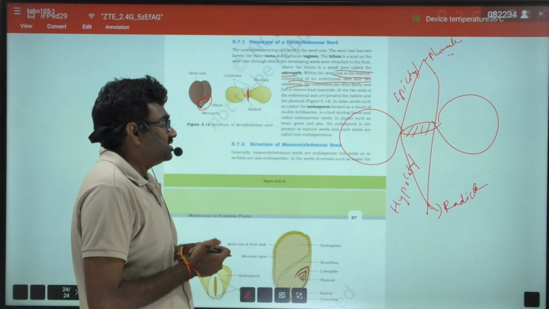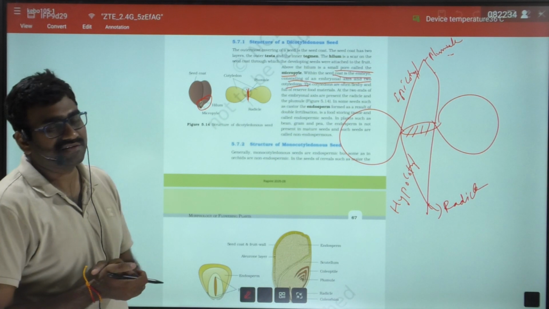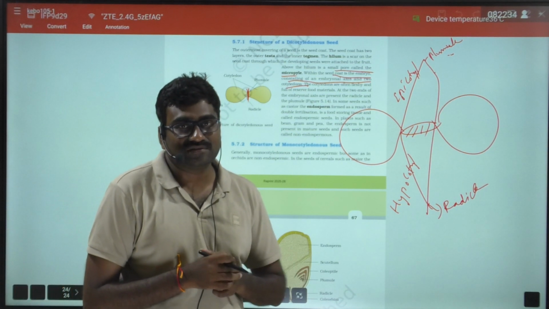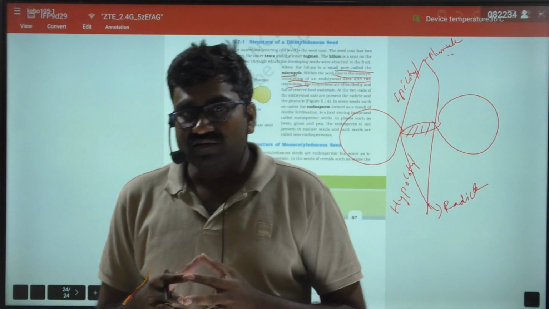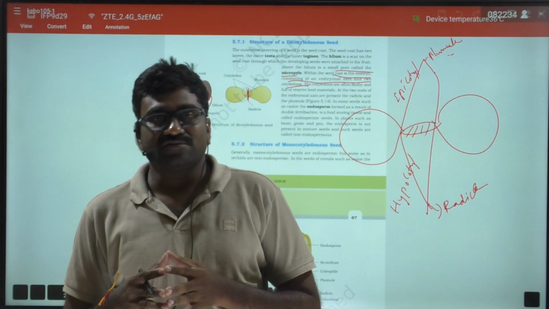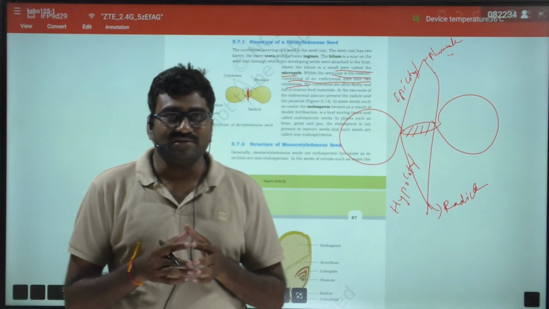In some seeds such as castor, the endosperm is formed as a result of double fertilization. We have discussed double fertilization. It is a unique feature of angiosperms, whereas in gymnosperms only one fertilization takes place.